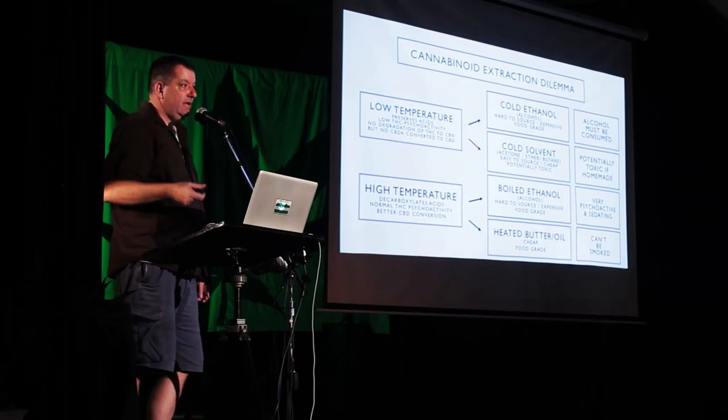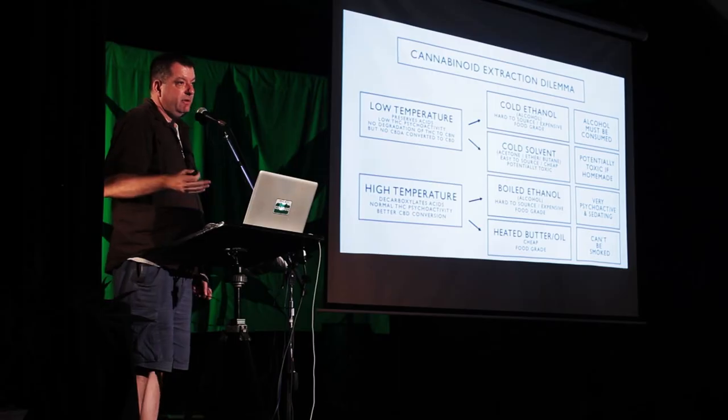It's great because the butane evaporates at room temperature, so you don't have to heat it at all. So basically the cannabinoid profile of your final product is exactly what was in the plant, which may or may not be a good thing if you actually want THC instead of THCA or CBD instead of CBDA. You might have to heat it just to get to the right profile in the end.